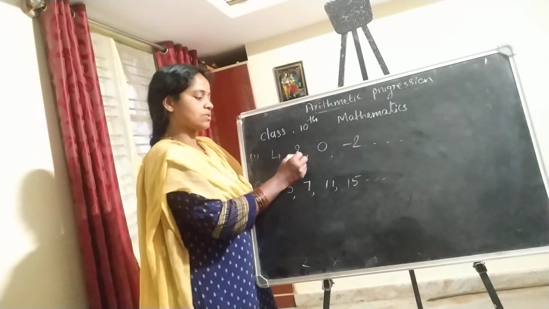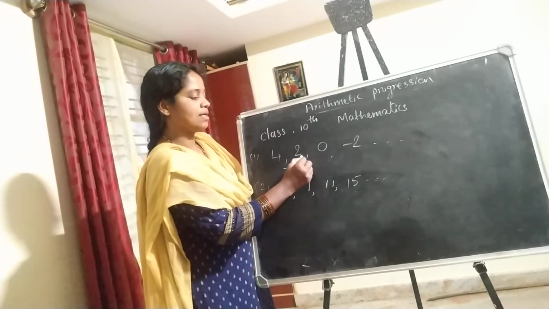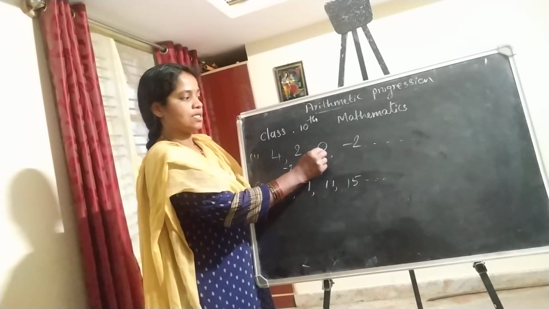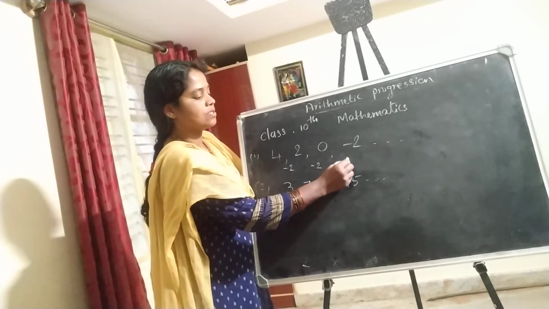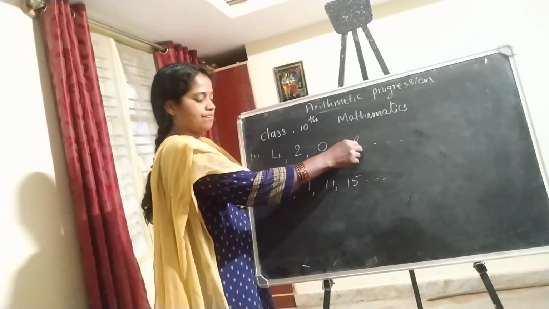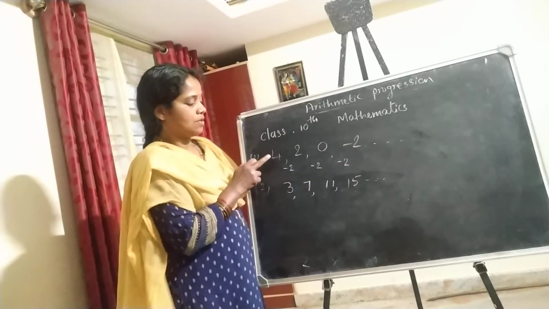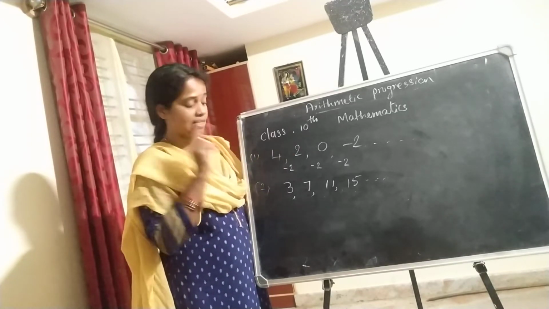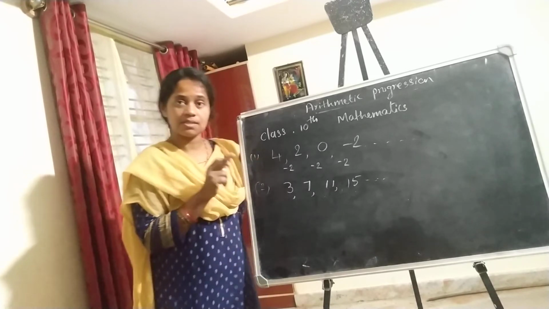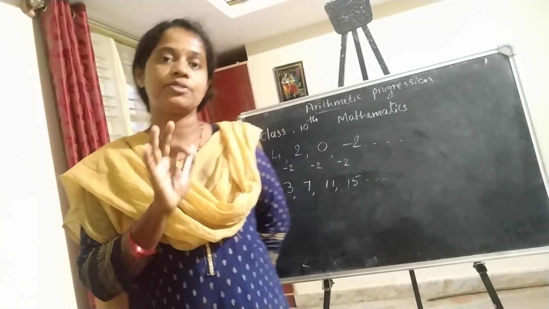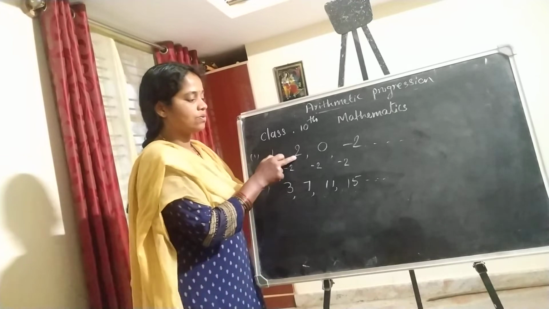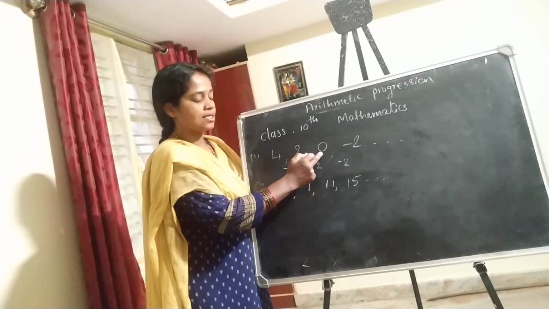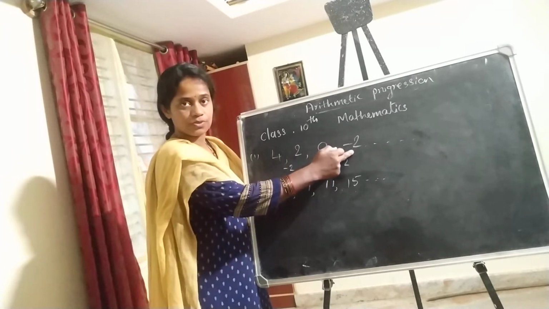You can also say it this way: 4 plus of minus 2 is 2. Repeating once again, 4 plus of minus 2 is 2. Here 2 plus of minus 2 is 0. Next, 0 plus of minus 2 is minus 2.